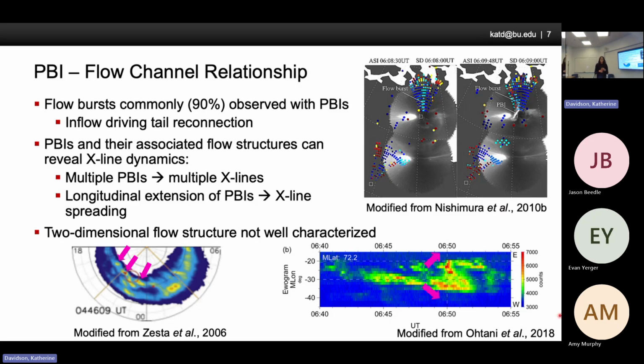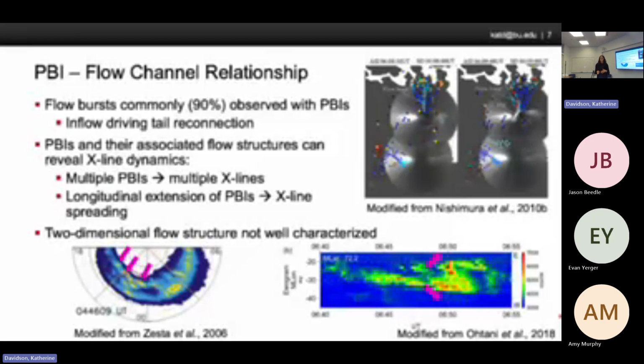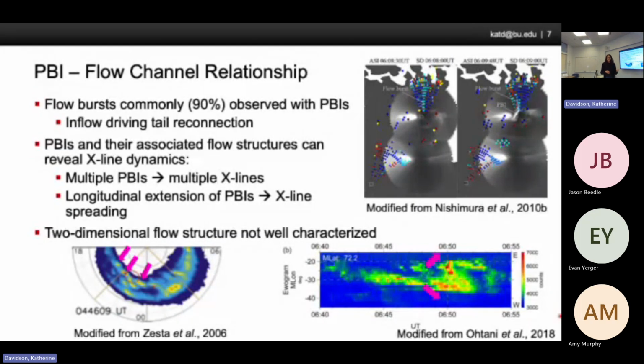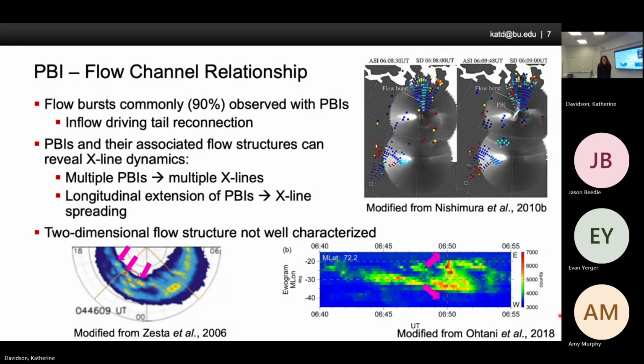So the first step in the sequence is a PBI. First, looking at the relationship between PBIs and flow channels. Flow channels or flow bursts are commonly observed, up to 90% of the time, with PBIs. This is an indication that we have inflow coming in towards the reconnection site and driving tail reconnection.